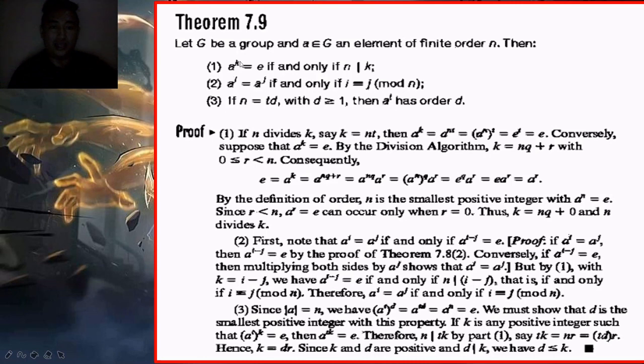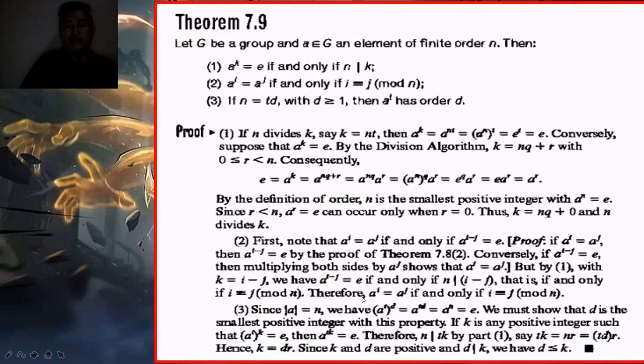We replace K with I minus J. So A to the power of I minus J equals E if and only if N divides I minus J. That is by 1. If N divides I minus J, that means, if and only if I is congruent to J mod N. That is the definition, right?